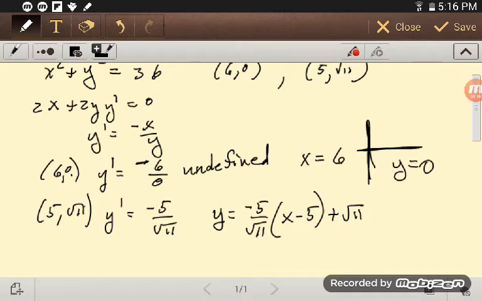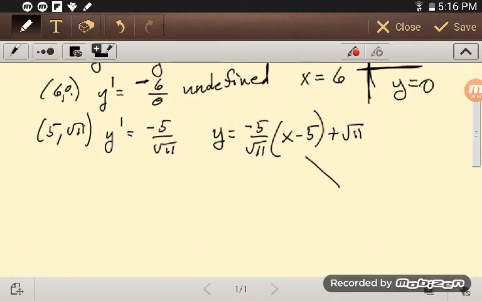And then here, the normal line, well, we have this line. A line perpendicular to the slope, well, you know, slope 1 times slope 2 is equal to negative 1, or m2 is equal to negative 1 over m1, the negative reciprocal.